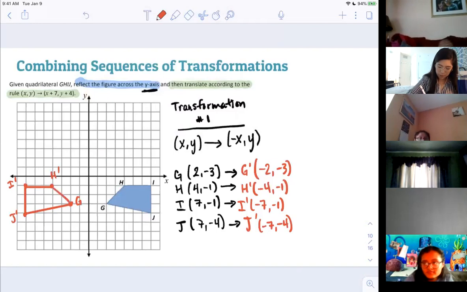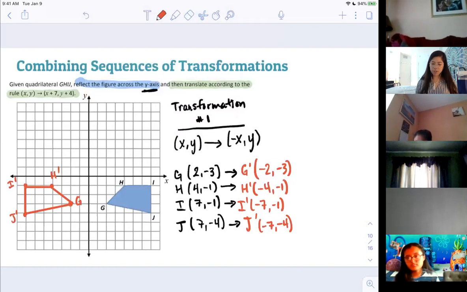All right, there's my image. And that was my reflection across the y-axis. Okay, so now that I've reflected across the y-axis, I can do my second transformation.